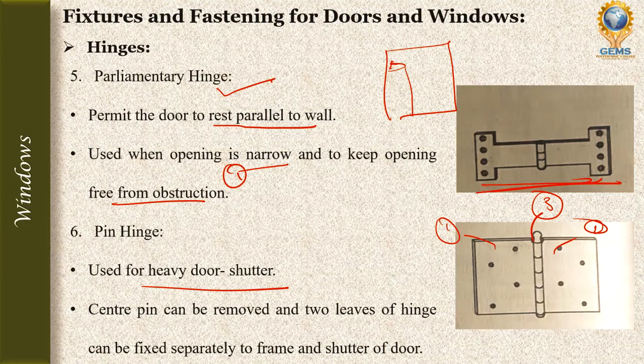It is the center pin which can be removed, and this is one leaf, another leaf of the hinge. This center pin we can remove, and the two leaves of the hinge can be fixed separately to the frame and the shutter of the door or window.